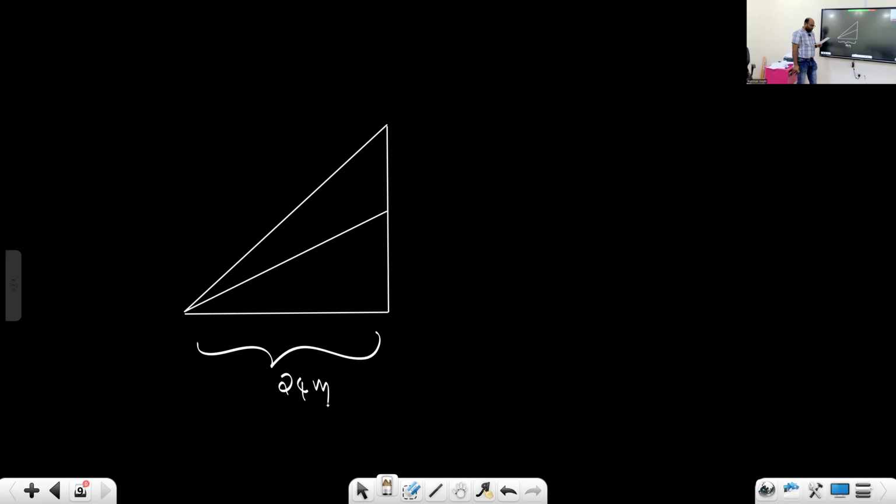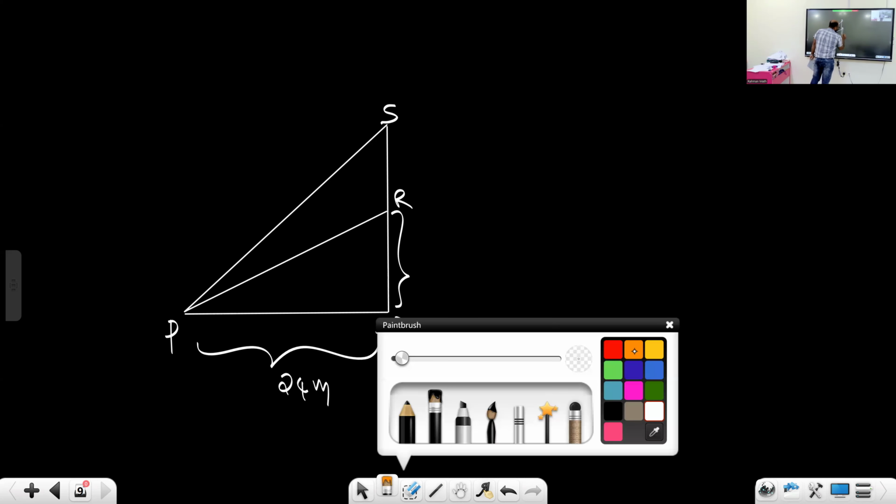All of you listen carefully. They are asking the angle of elevation to the logo. The logo height you got how much? 8 root 3.